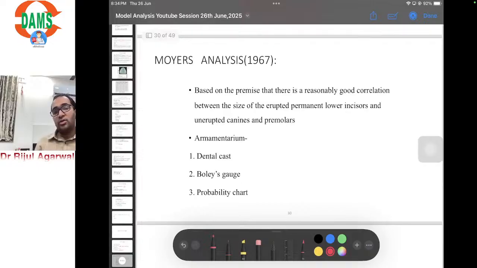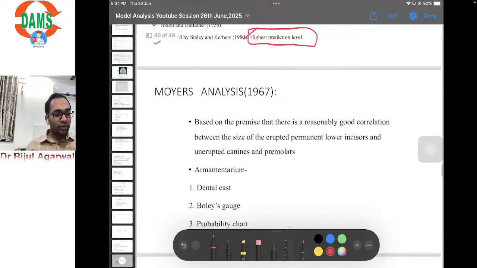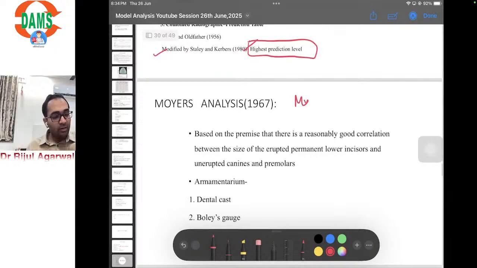So moving ahead to Moyers analysis. Before beginning the mixed dentition analysis, I'd like to tell you that in permanent dentition analysis, we sometimes took maxillary incisors, sometimes mandibular incisors, but in mixed dentition analysis we are only going to take mandibular incisors, and the reason for that is very well known.